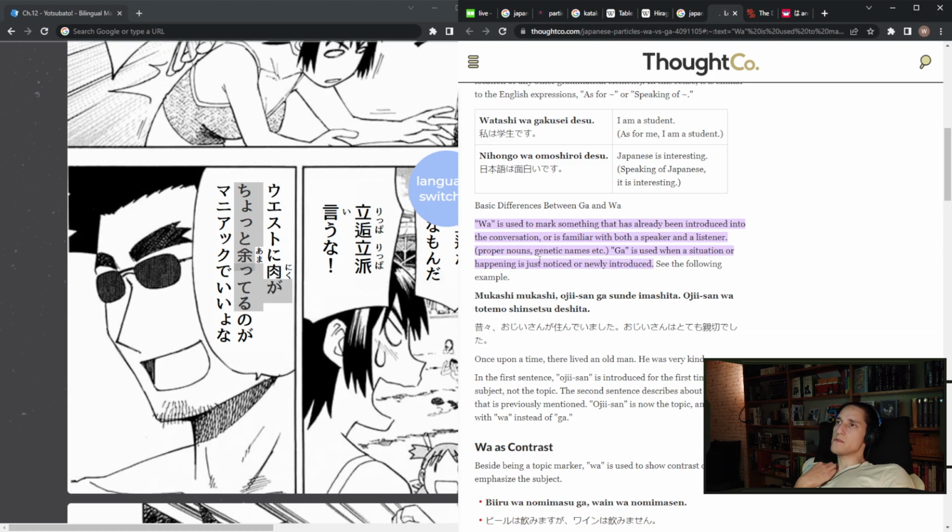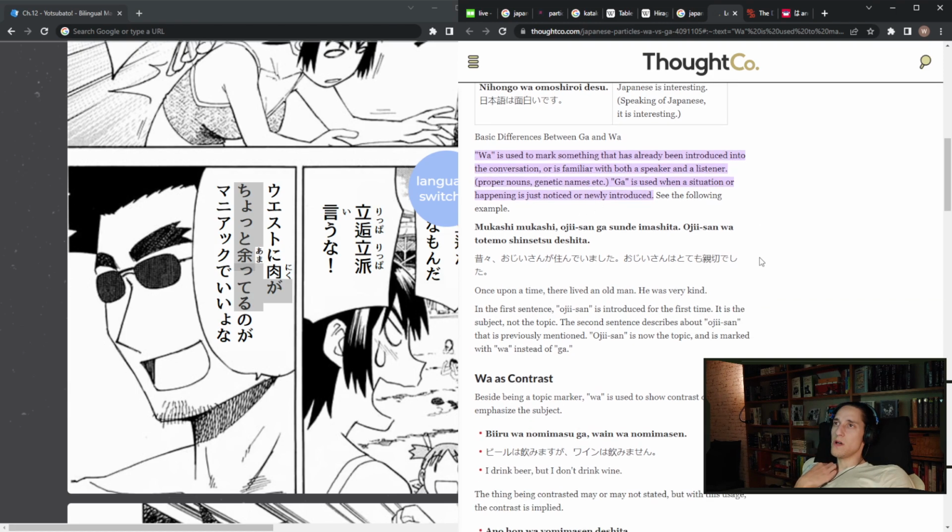Proper nouns, generic names. Generic, not genetic. Generic names. I think. This doesn't make sense. Ga is used when a situation or happening is just noticed or newly introduced. What?